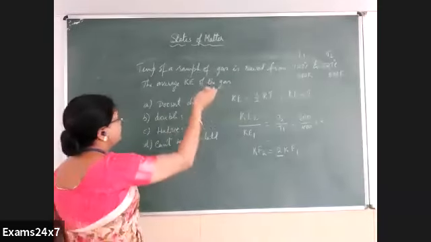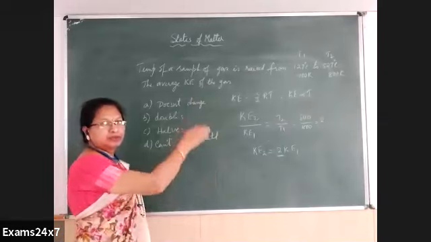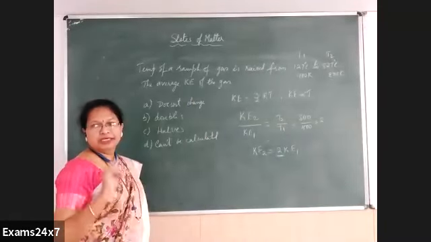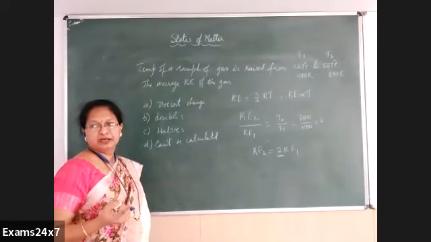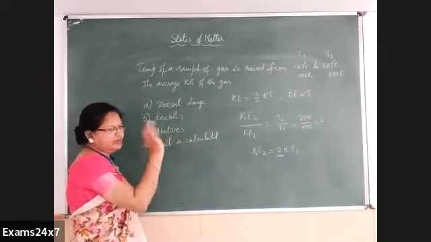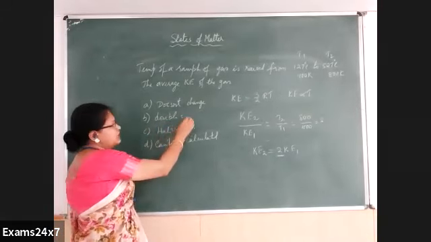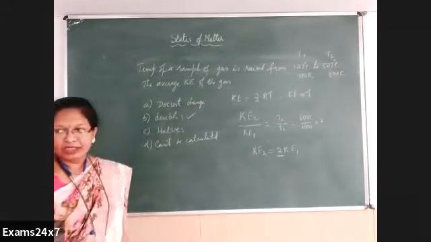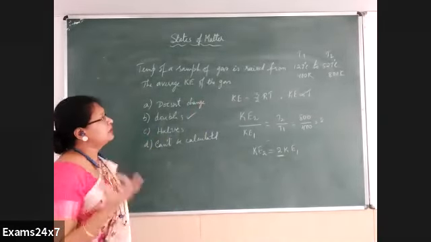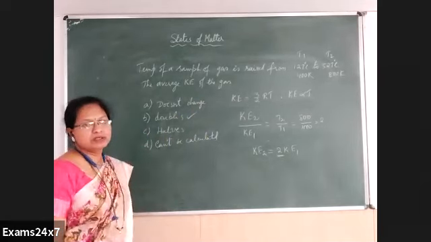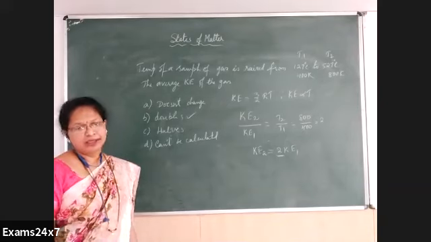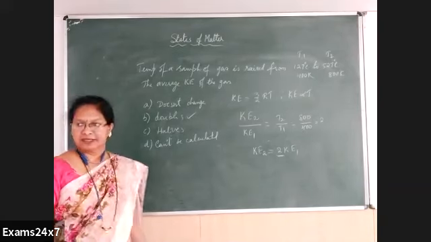Even if you don't solve this, from the options, only doubling is the option where kinetic energy is increasing. The rest, doesn't change or cannot be calculated, you leave. If you apply the logic without solving, you can get the answer, because kinetic energy and temperature are directly proportional. Fine?